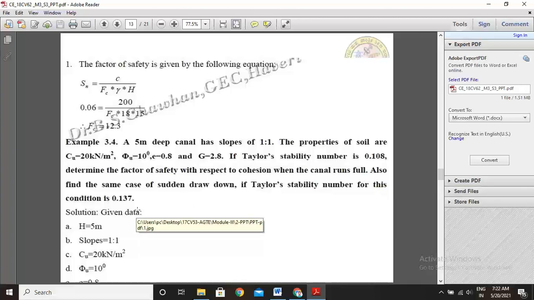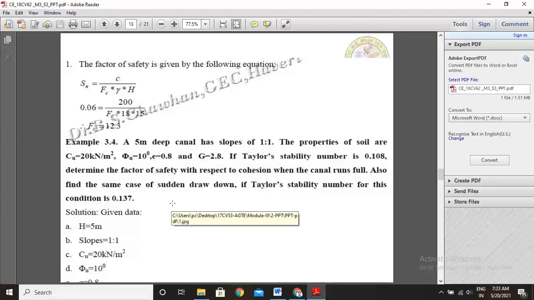Also find the same for the case of sudden drawdown if Taylor stability number for this condition is 0.137. So this is a slight change. Let us see how to solve these problems.